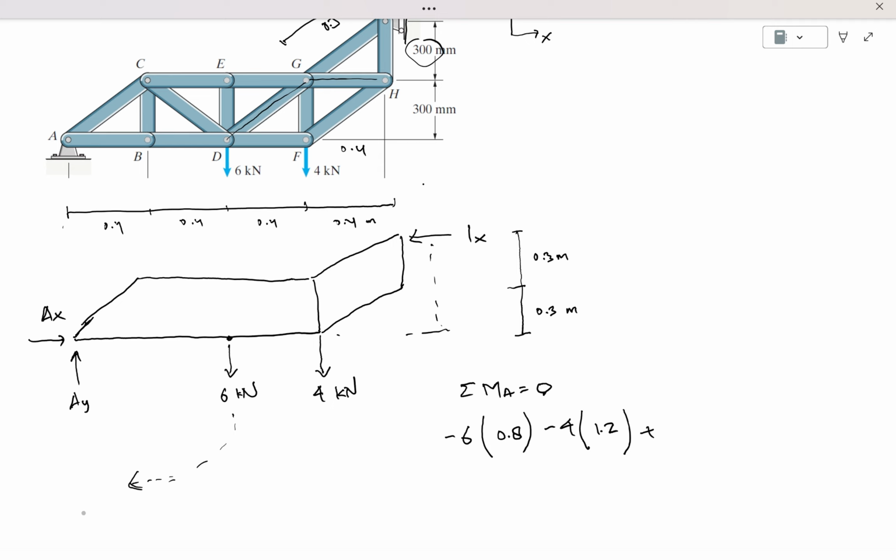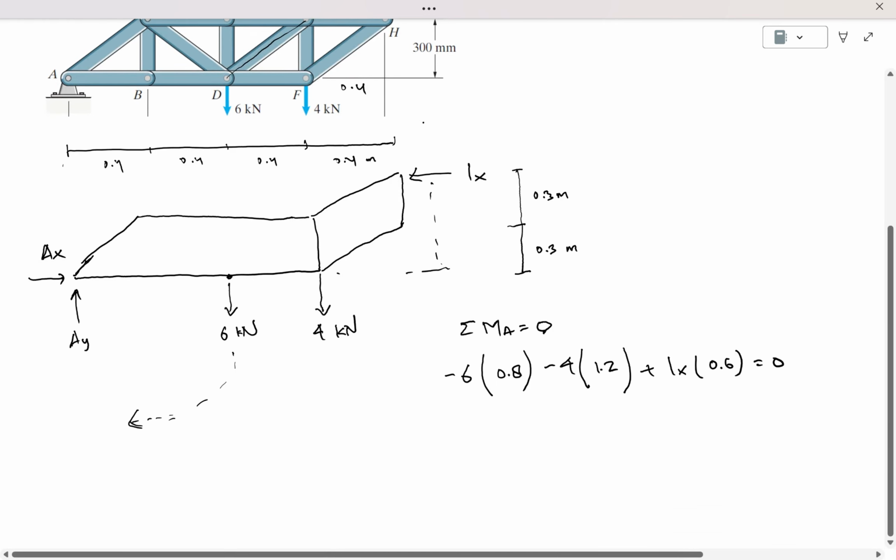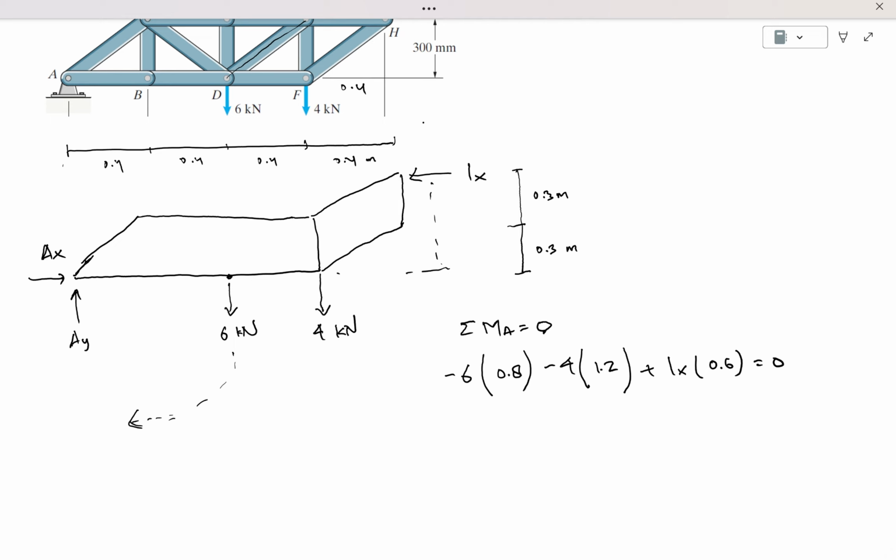So plus Ix times 0.6 equals 0. Okay, so you have this equation, you can solve it, you can divide by 0.2. So you have 3 here, you have 6, and then you have 4. So then you have minus 24 plus 3Ix equals 0, right?